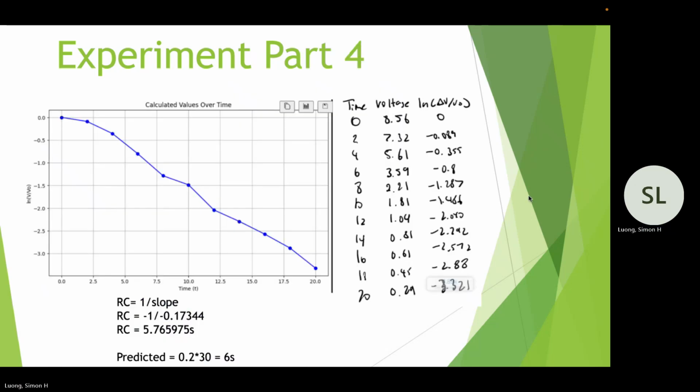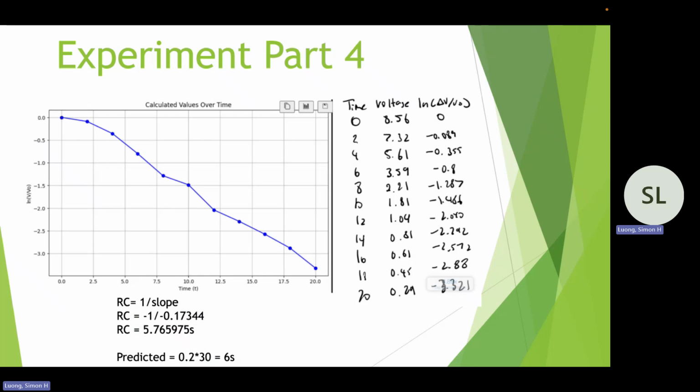And then the final part of the experiment was an RC circuit with a 30 ohm light bulb, 9-volt battery, and 0.2 F capacitor. The time constant for this should have been 30 ohms times 0.2, which is 6 seconds, which you see in the bottom predicted. So I took the change itself and did the natural log of the voltage divided by initial voltage, where the voltage is the second column, which starts at 8.56.